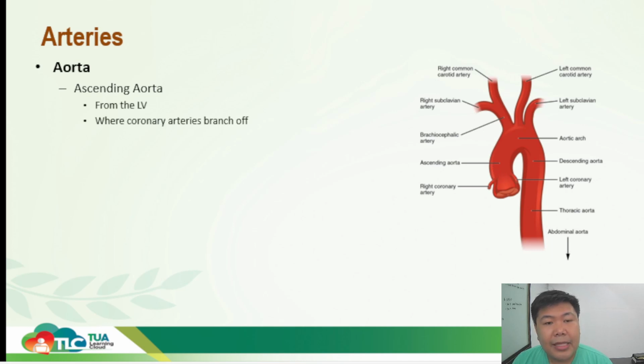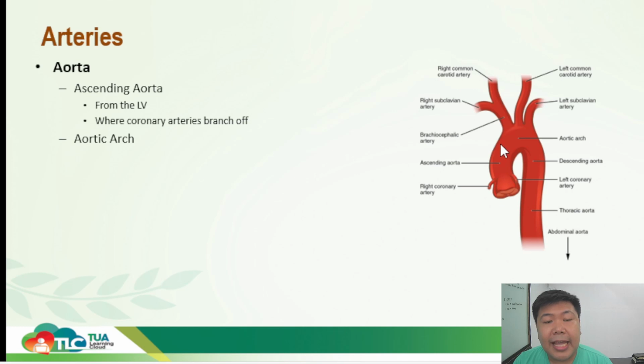It is also from the ascending aorta where the coronary arteries branch off. Again, the coronary arteries are the blood vessels which supply blood and oxygen to the myocardium. And the coronary arteries are the vessels which are responsible for heart attack. So when they become clogged or blocked off, a heart attack ensues.